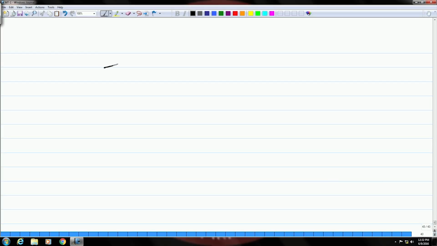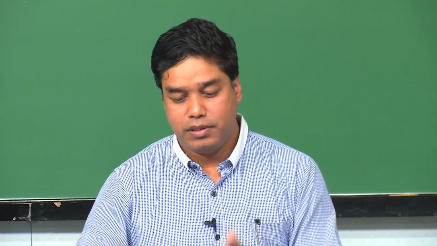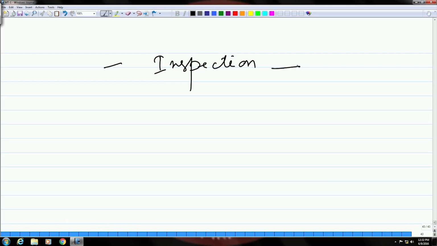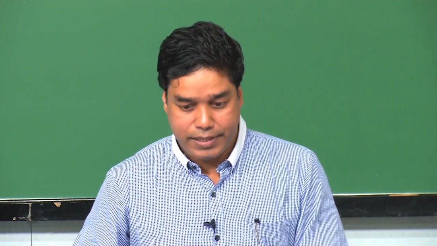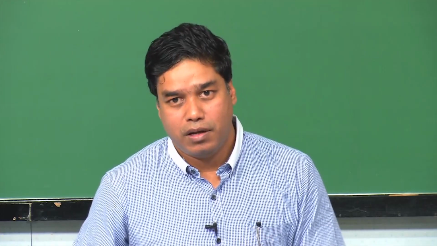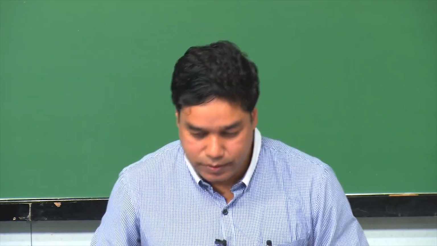Okay. And finally, we saw how the inspection is done. When you are using normal magnetic particles either in dry or wet suspension, you do it normally under visible light, or sometime if a fluorescent material is used in a dry powder, then it has to be done under ultraviolet light, that also we saw. So, there are two types of inspection which can be done depending on what kind of particles are used. Okay.